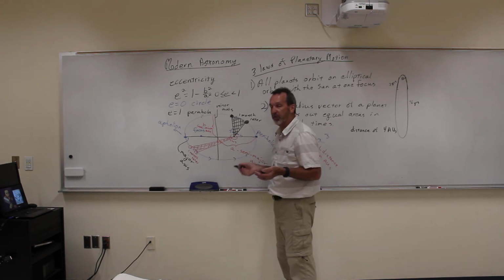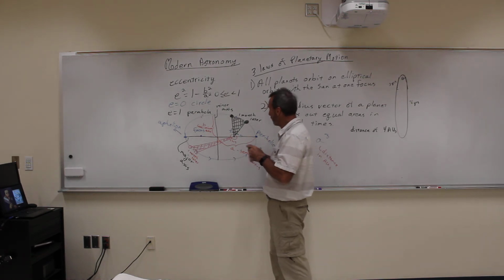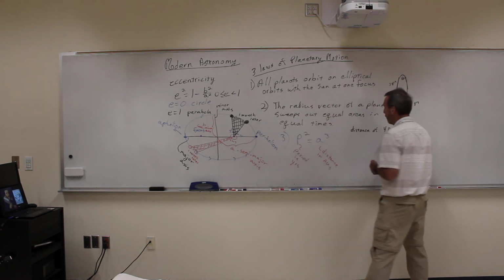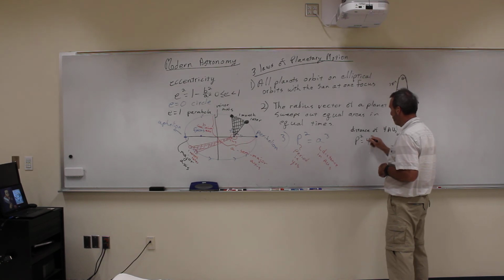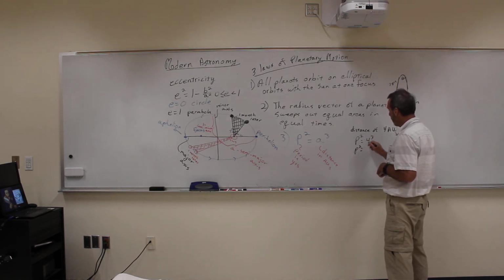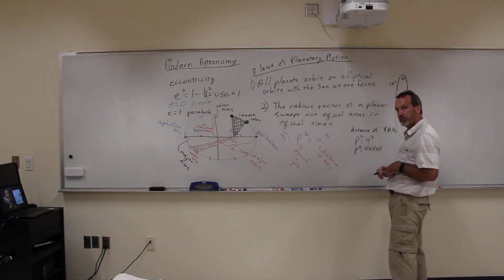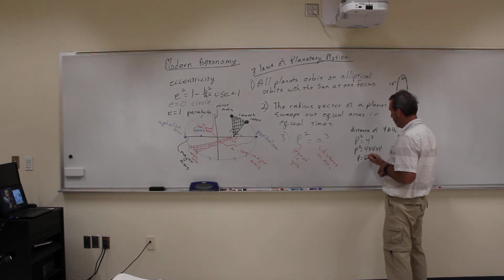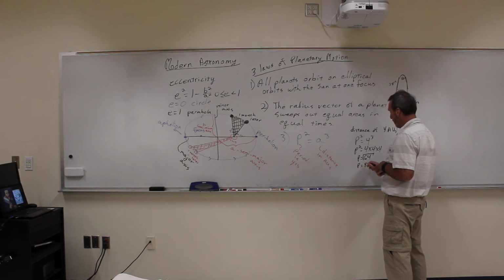So for the Earth's orbit, the average distance is actually 1 AU, by definition. So with a distance of 4 AUs, I just plug this into my equation. P squared equals 4 cubed. Well, remember, 4 cubed means 4 times 4 times 4, and then we take the square root of that. Well, 4 times 4 is 16, times 4 is 64. And the square root of 64 is 8 years.